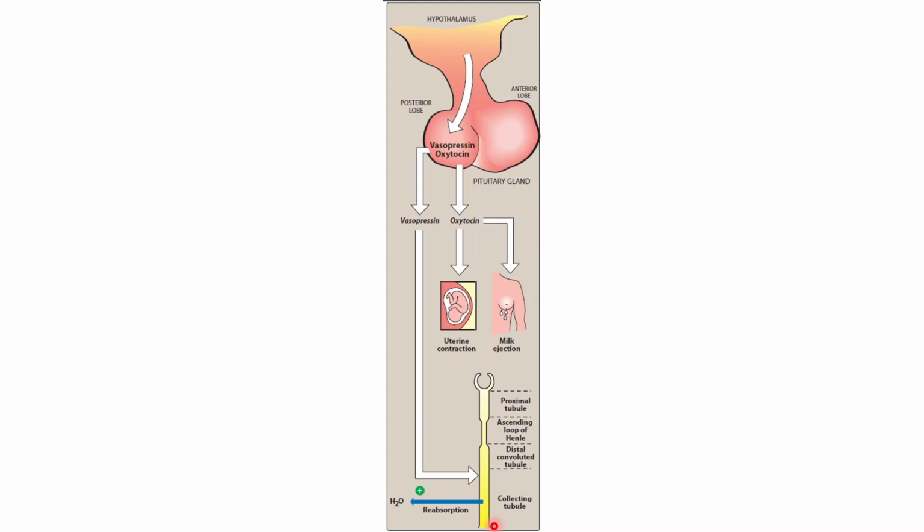Desmopressin is an analog of vasopressin, and it has less activity at the V1 receptor that increases blood pressure. It acts longer than vasopressin and is usually used for the treatment of diabetes insipidus and also for nocturnal enuresis.